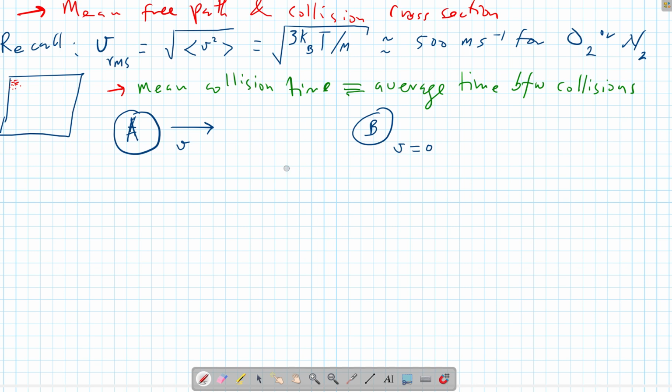So a collision happens when molecule A approaches molecule B, or when molecule A hits molecule B.